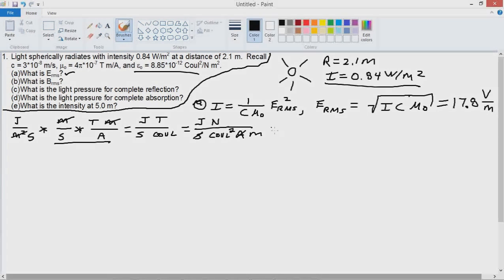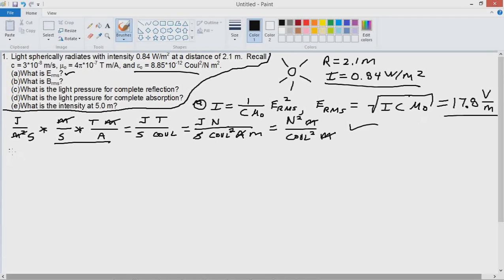I'm going to express joules as a Newton meter. So on top it's Newton squared meter over coulomb squared meter. Meters cancel. Take the square root of this and you've got newtons per coulomb or volts per meter. Okay, so I'm convinced about my units and I'm convinced about my number.